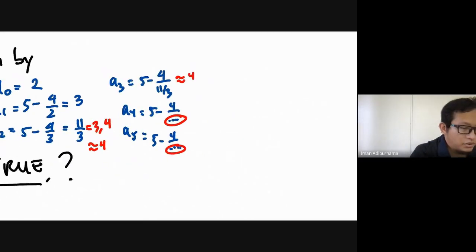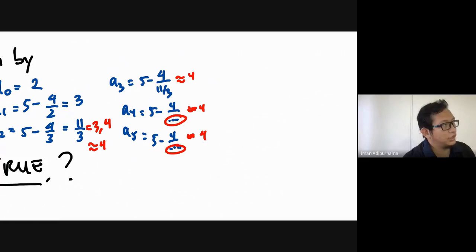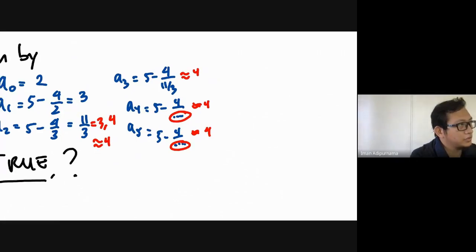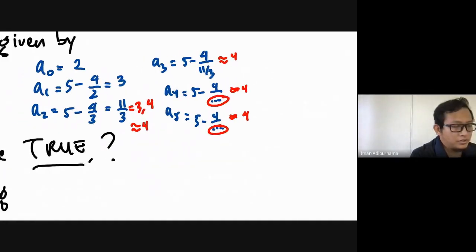You can check, okay? You can just use some simple approach to check a simple value. So all the a n, as n gets bigger, is getting closer to 4.